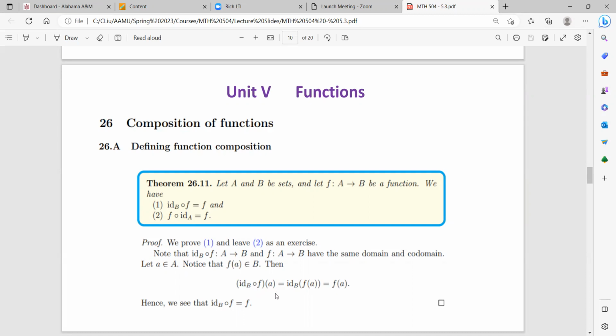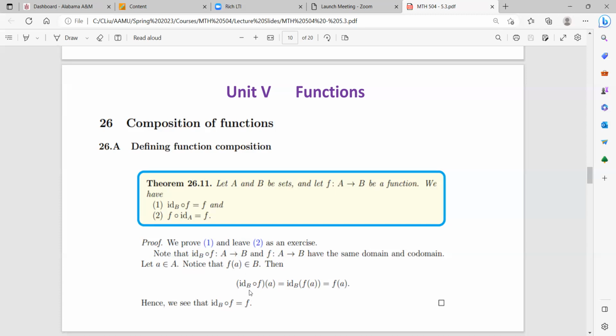By definition, it's just ID_B of f(a). What the identity function maps out is just f(a) itself, if we think of f(a) as one element in B. And that's exactly the same for f: f just maps an element a inside A to f(a).